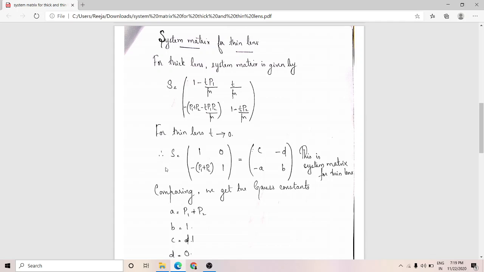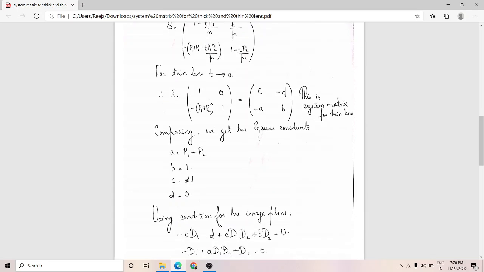So here we have already written the system matrix for the thin lens, but we are going to write it in one more form. And when you write it in that manner, in between we derive the lens maker's formula also. I think the lens maker's formula, mu minus 1 into 1 by R1 minus 1 by R2 is equal to 1 by f, is familiar to all of you, which you have learned in your lower classes.